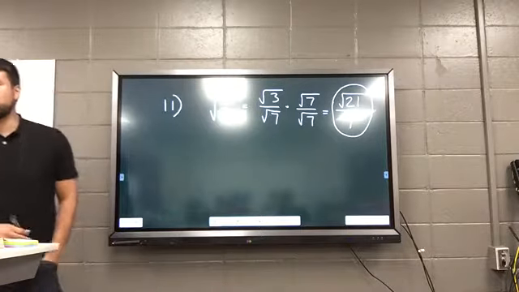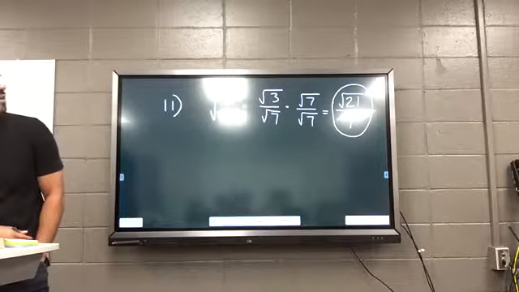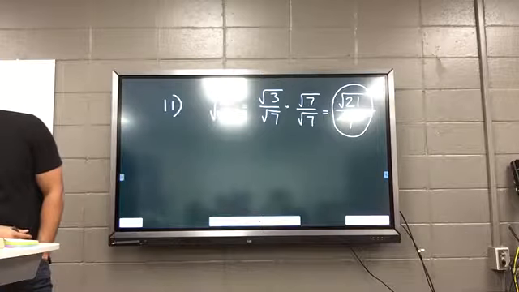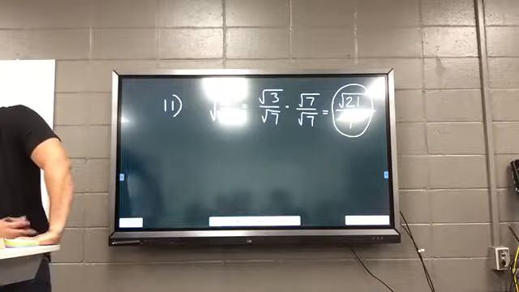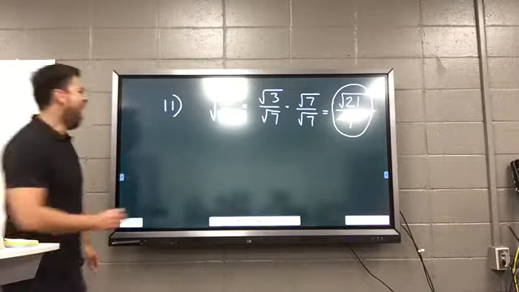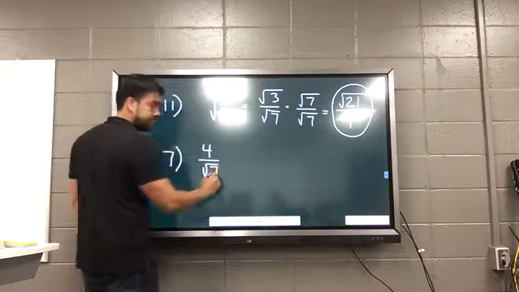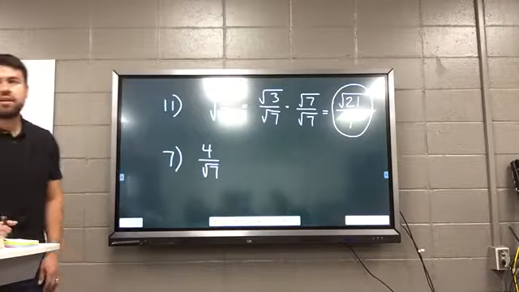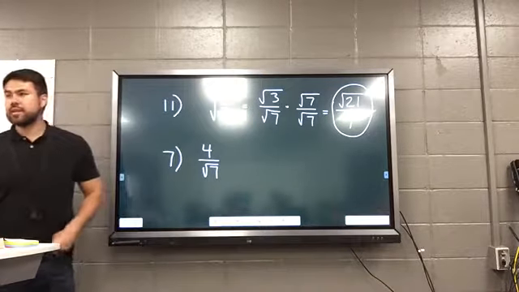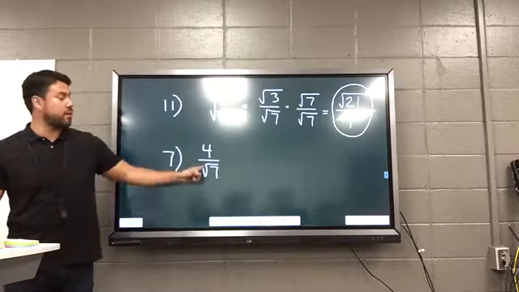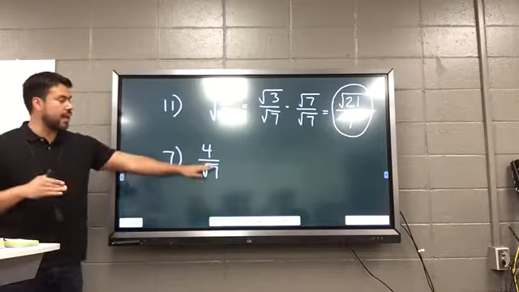So I want that to be simplified. So is this as simple as it can be? No, because the denominator is an irrational number. I can't have that.